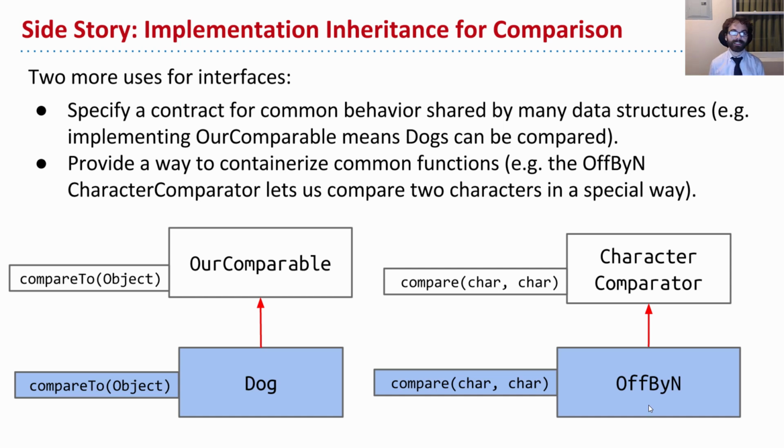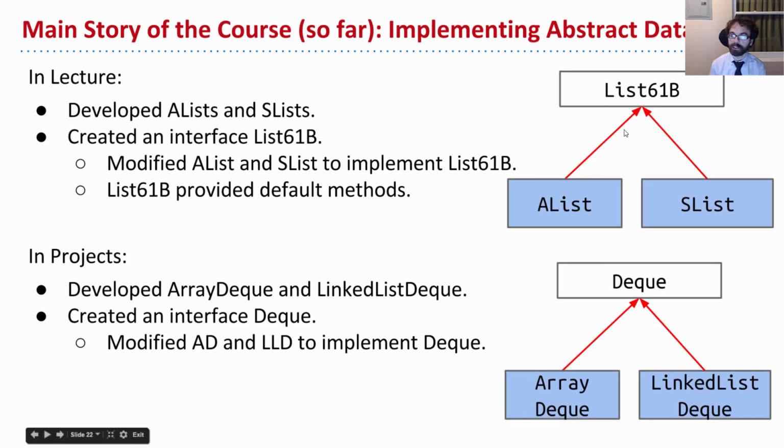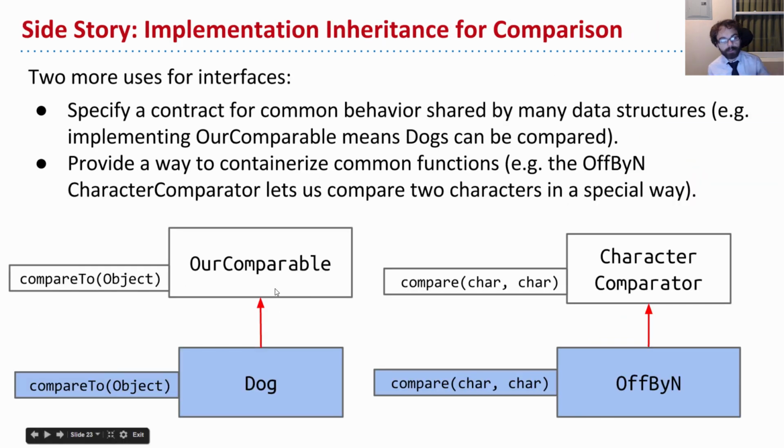We also had a side story in the last couple weeks, which was another thing we can use implementation inheritance for. One thing is this notion of capturing an abstract data type, but we also used it to specify a contract for a behavior that all classes that implement some interface should obey. That's more generic. So for example, if we want to specify that dogs can be compared to other dogs, we could create an interface called Comparable.